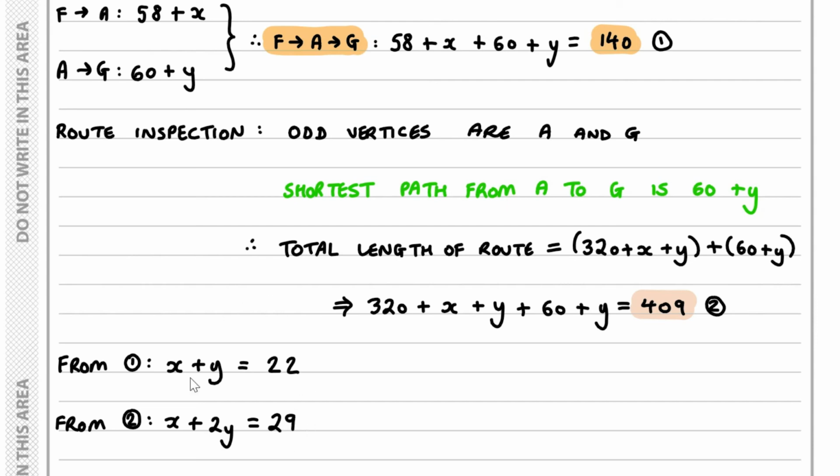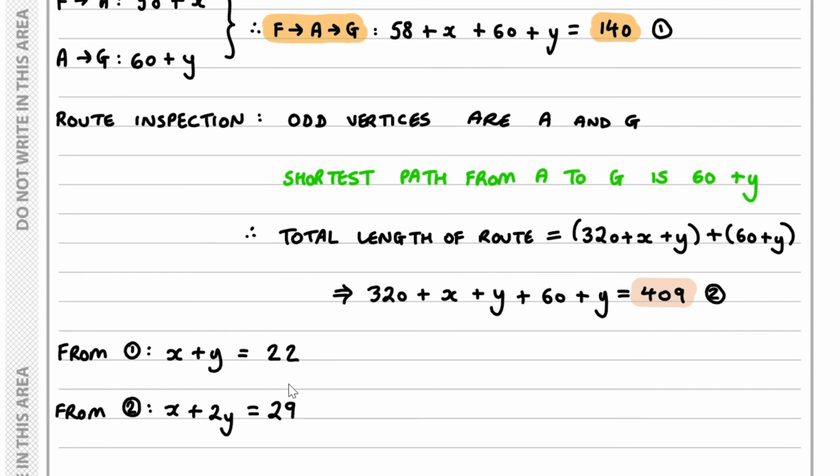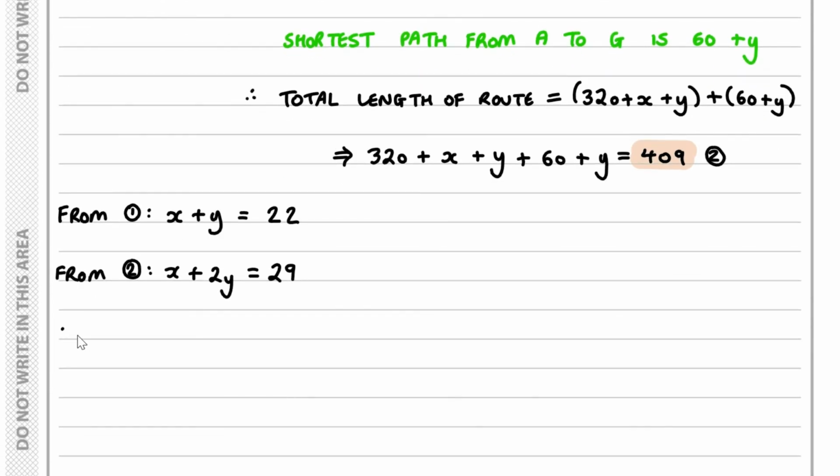Now, of course, here the x's are the same, so we subtract these equations, we are left with 1y equals 7. And when y is equal to 7, we've got x plus 7 equals 22, and therefore x is equal to 15. So we have our solutions: x equals 15, y equals 7.